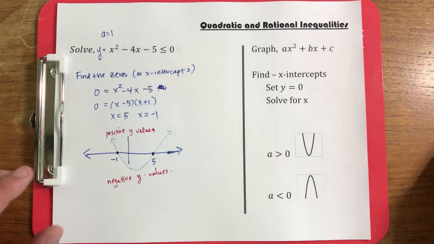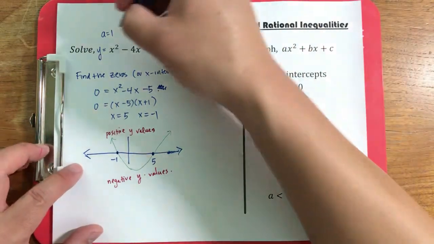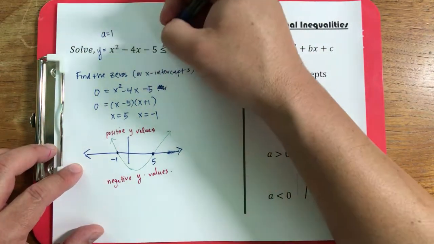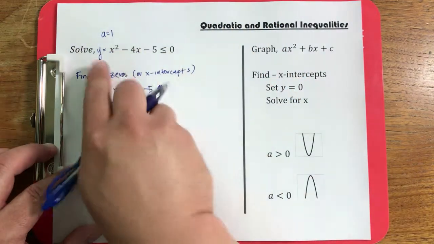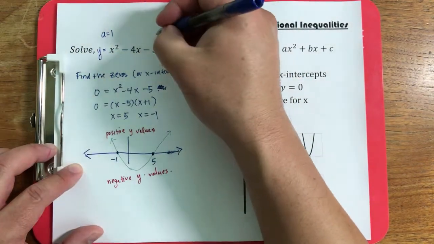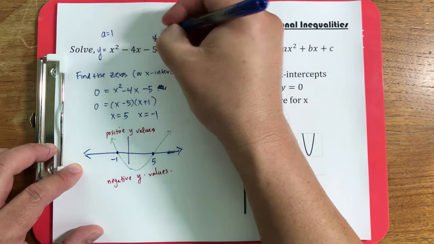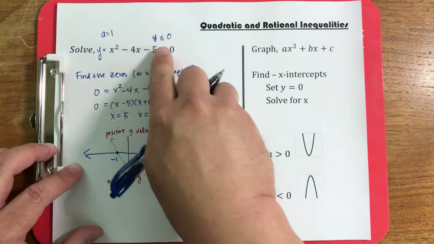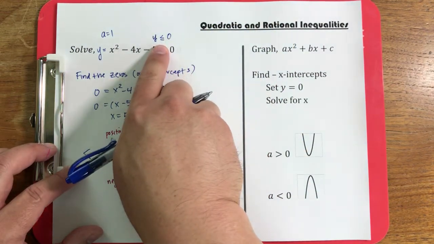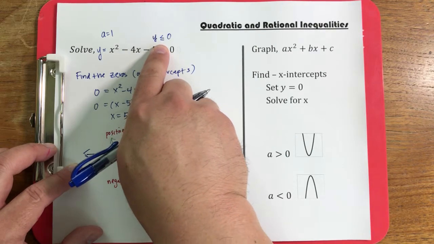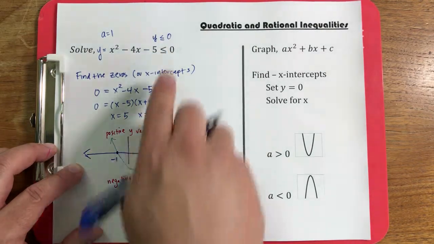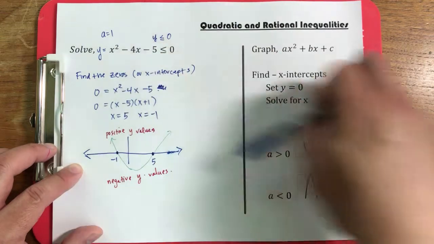Now, when we look at this question, if we consider this whole quadratic to be called y, what this question is asking is, when is this graph less than or equal to 0? When is the graph in the negative y area?